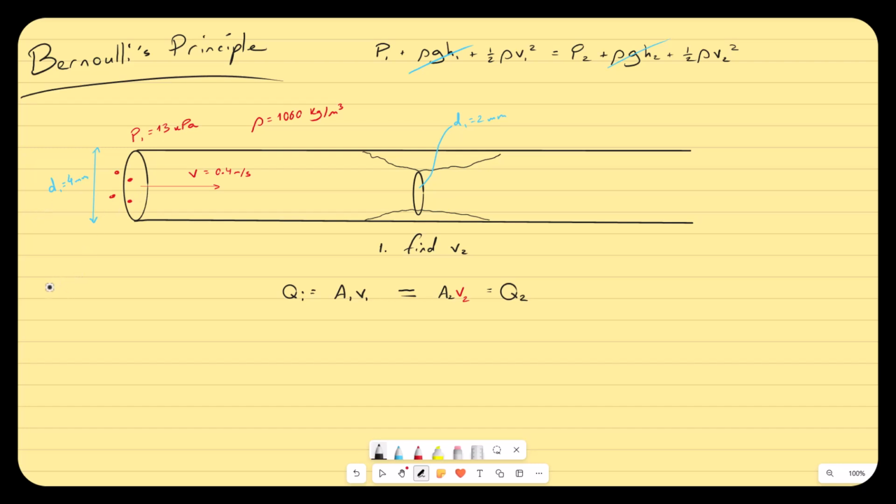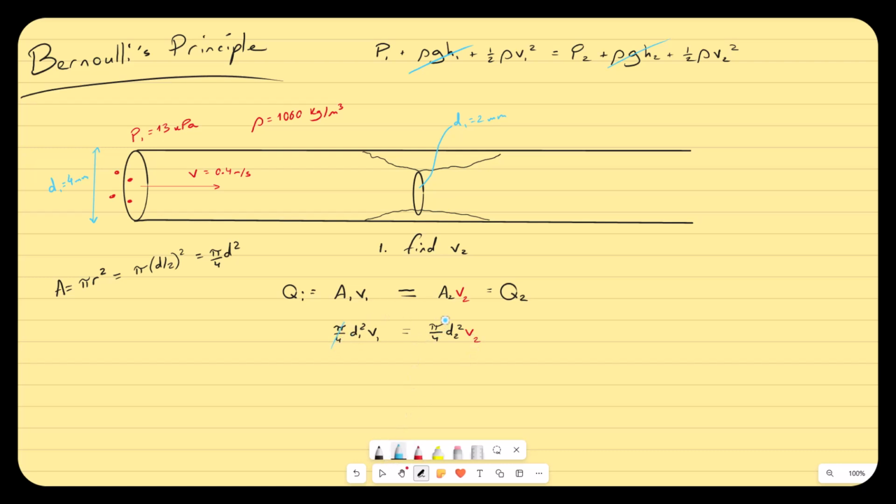Or I can look and say, if my area is pi r squared, radius is half the diameter, so this is pi d over 2 squared, or pi over 4 times diameter squared. So pi over 4 d1 squared v1 equals pi over 4 d2 squared v2. And this will work like this every time.